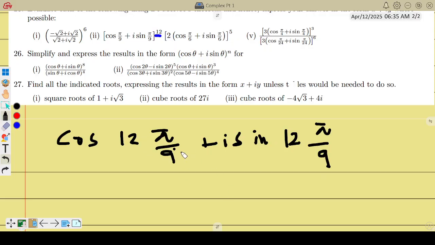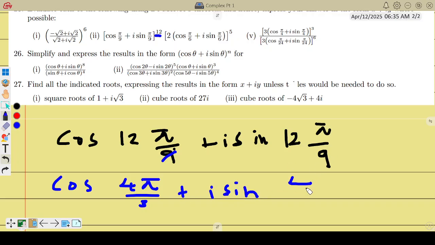So this is cos 3 into 3, 3 into 9, 3, there is 4. So cos 4 pi over 3 plus i sine, even here it's 4 pi over 3.